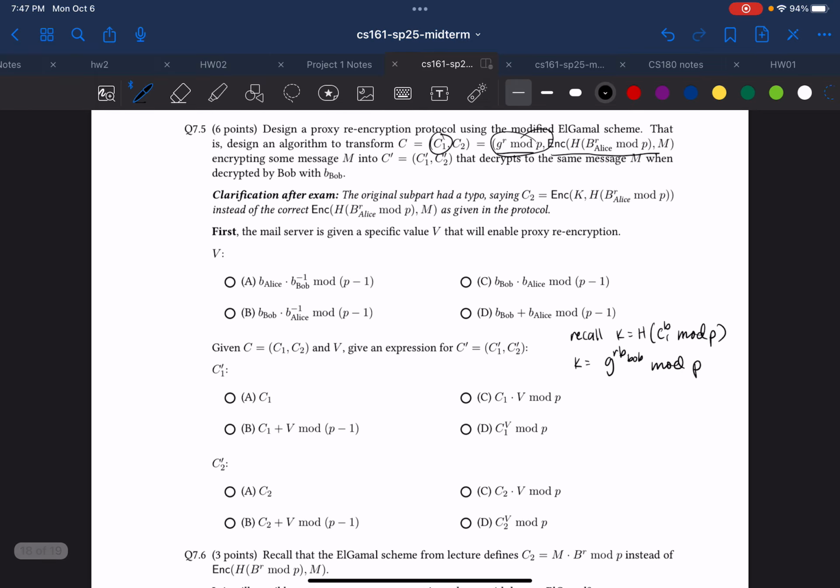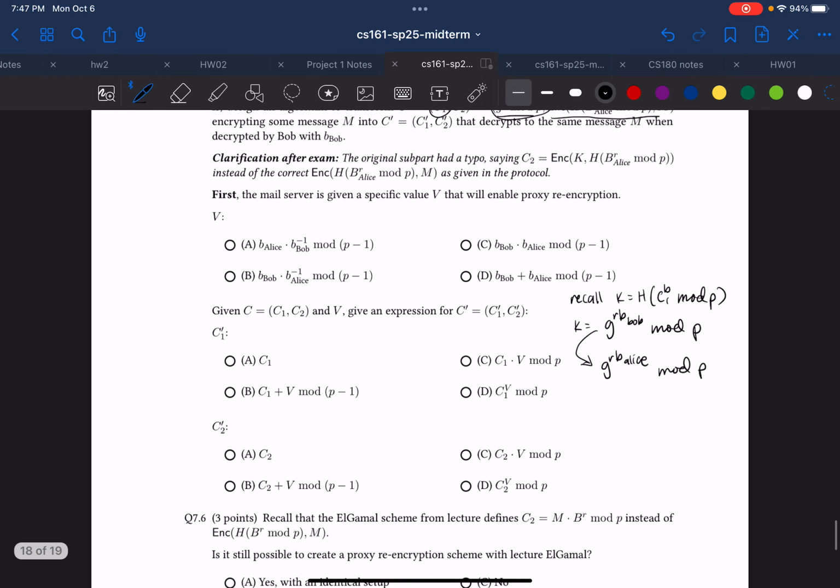However, in order for the encrypted message to successfully decrypt to the original message, we need to apply the key G^(R B), but B is Alice's private key, mod P. So how can we get from this key that Bob will actually use to Alice's derived key when we actually apply it to the ciphertext?